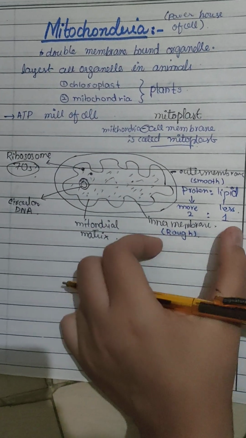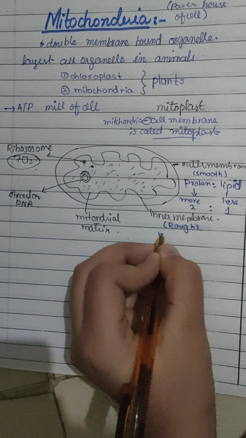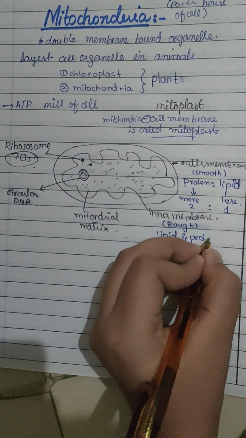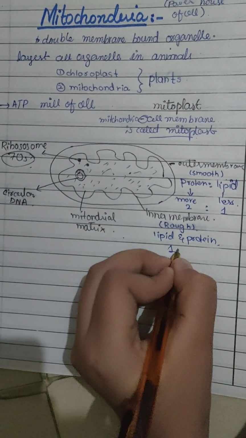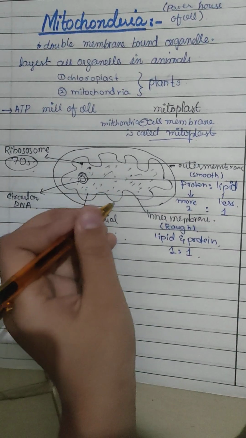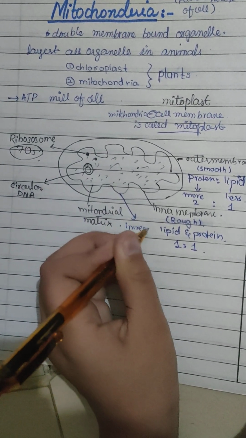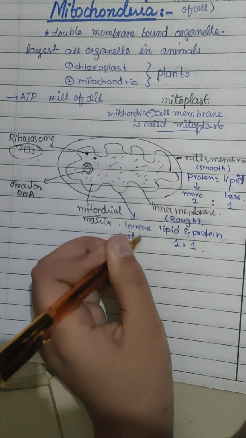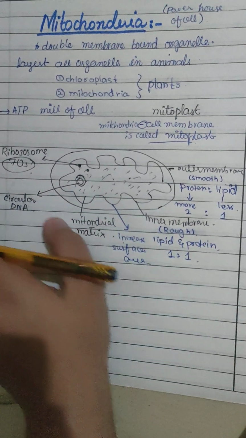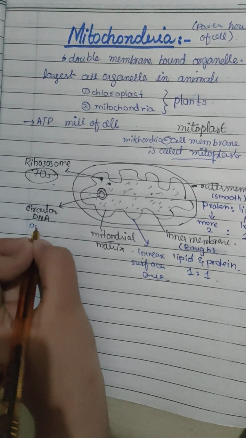Inner membrane is tough in structure, and in the inner membrane the lipid and protein ratio is the same, that is 1:1. Fine. Now here these folds are present, which increase the surface area.